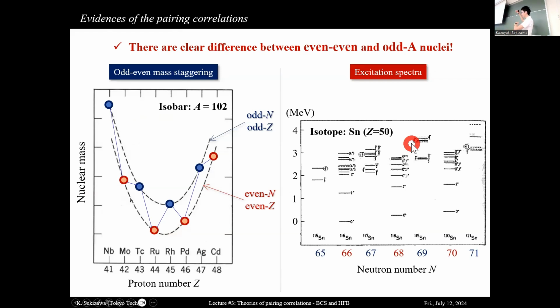So there is an energy gap for the proton single particle energy. Protons cannot form a Cooper pair because of the energy gap, so they are in the normal state.